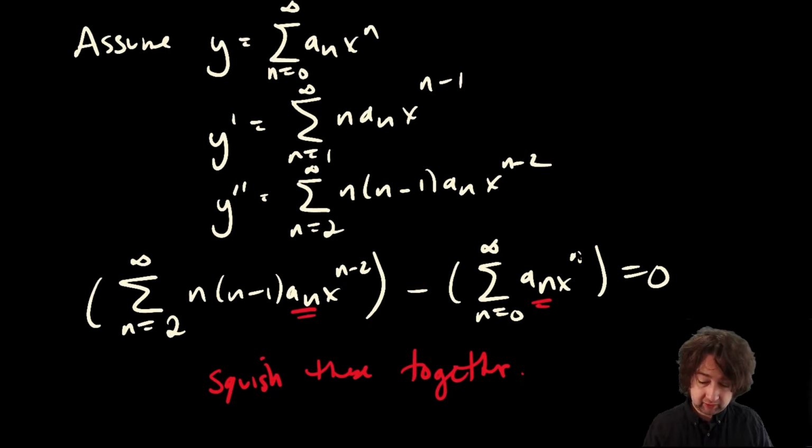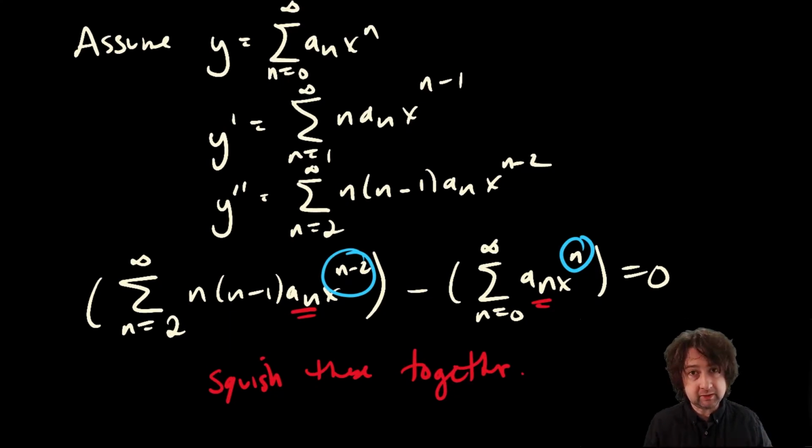And right now we don't have that because we have an n right here and an n - 2 right here. The second thing I need to do is make sure that the indices match. That is, the starting point of the series has to match on both sums. I've got an n = 2 right here and an n = 0 right here. And so I have to have some formula that starts at the same place so that, again, I'm comparing like terms. So all of this is about getting like terms together.